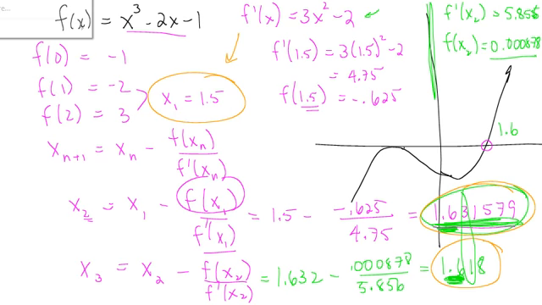So let me illustrate that with an example. If I have a function that looks like this, and I have an answer here, call it the root, and I am going to make a guess. And I say my first guess is this point right here.